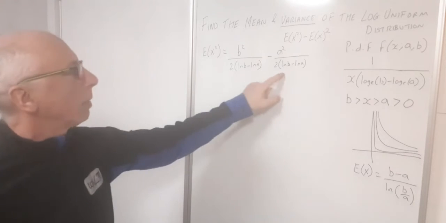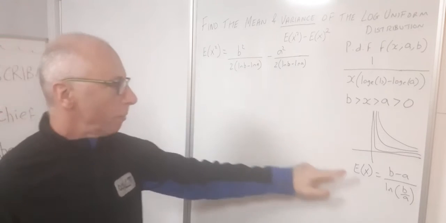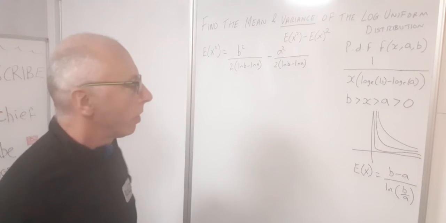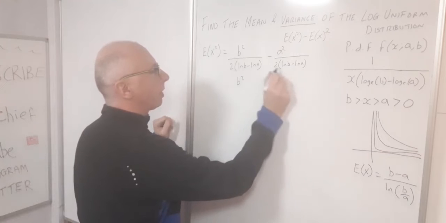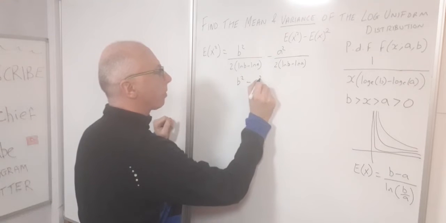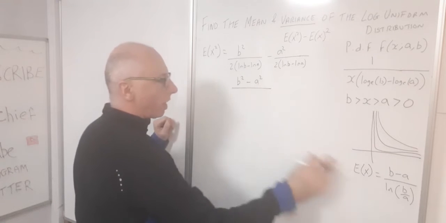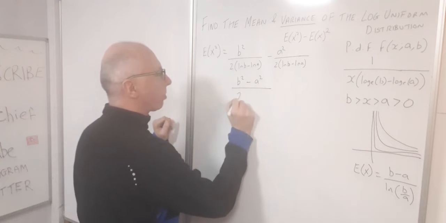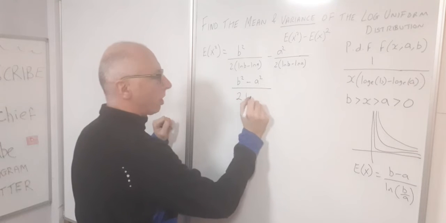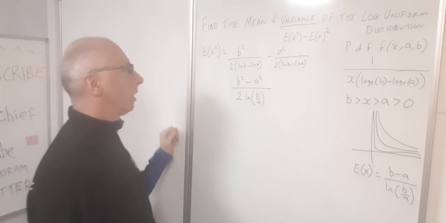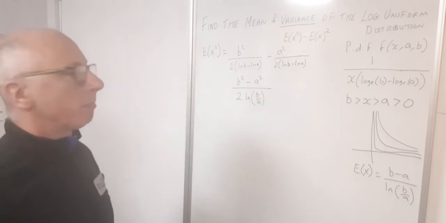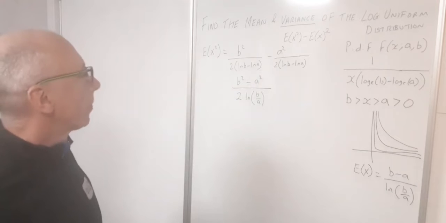Now I can see there's a little bit of simplification I can do that and make it look a little bit similar to this one. So let's do that. So b squared, denominator is the same, so I've got b squared minus a squared. Then I write it in this form. I've got 2 times the natural log of b over a. So that will be the same term as we have there.